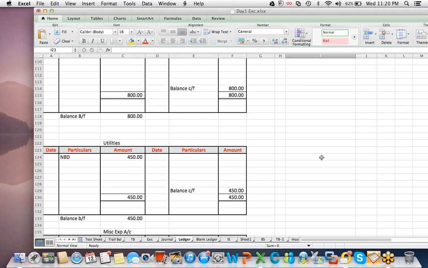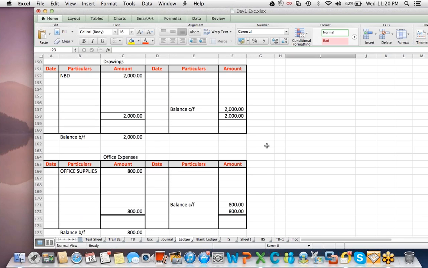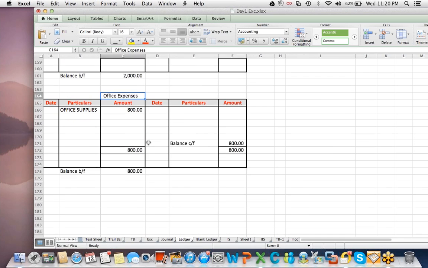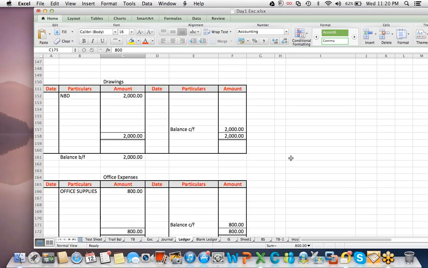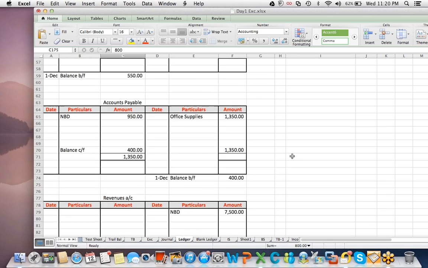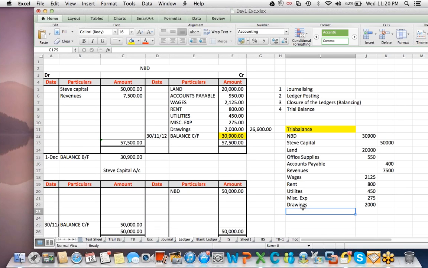Next account is what? Office expenses account, 800, on the debit side. Now let's see whether the total matches or not.